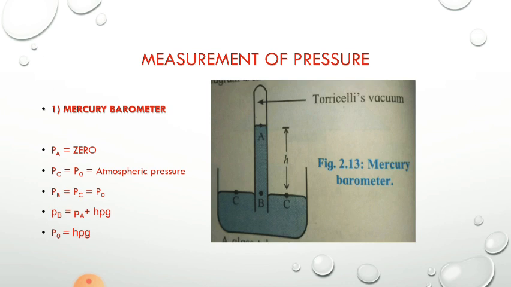So by measuring the height h of mercury in the tube, we can calculate the atmospheric pressure by substituting the density of mercury and acceleration due to gravity g, which is 9.8 meter per second square. Thus we can measure the atmospheric pressure by using a mercury barometer.